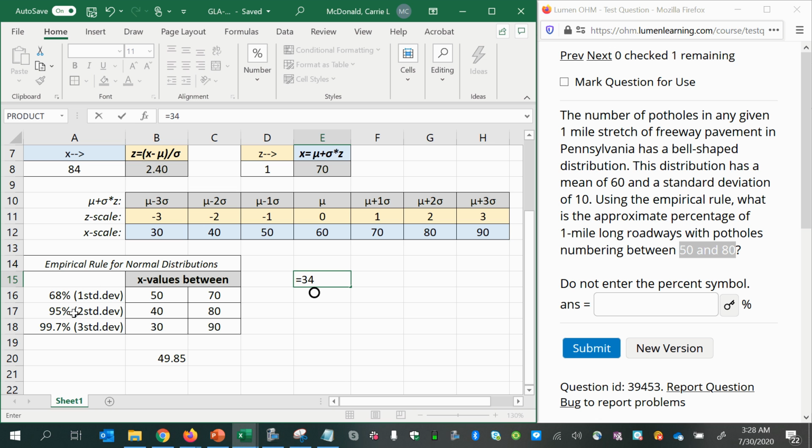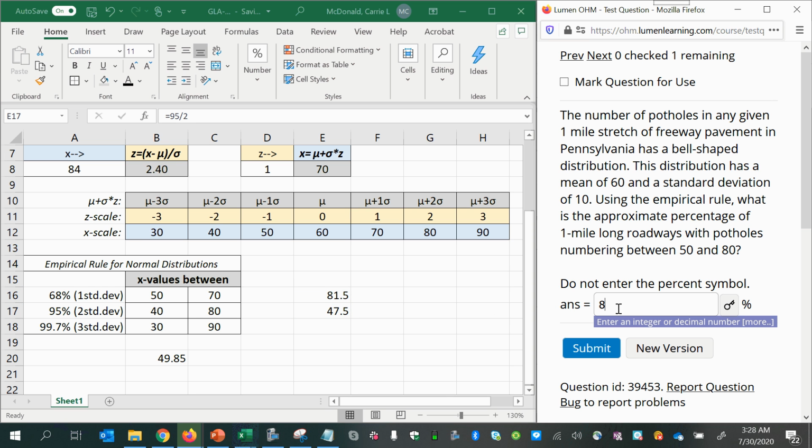So that would be 47 and a half. I think that's right, 47 and a half. So what is 95 divided by 2? Yeah, okay. So we're going to add to that the 34 plus 47.5, and we get our answer of 81.5.